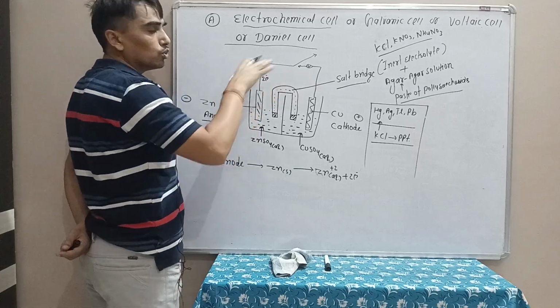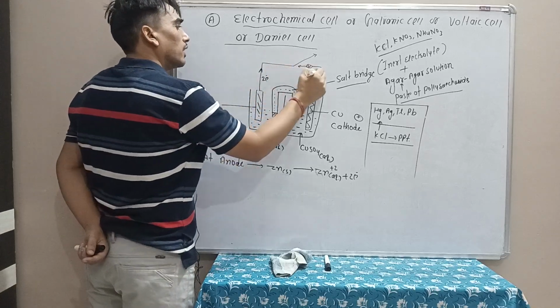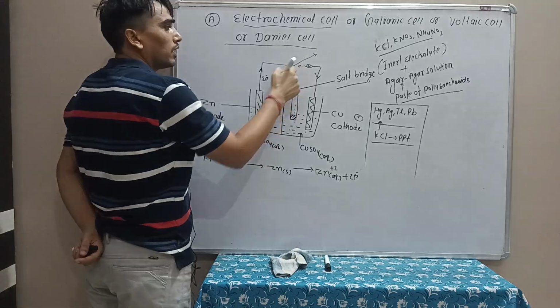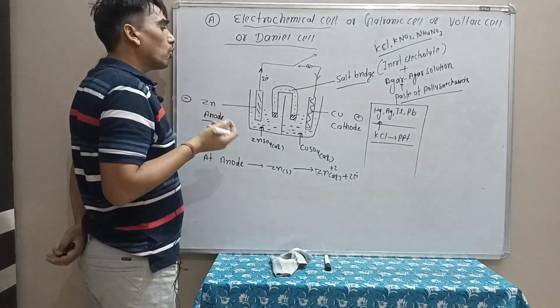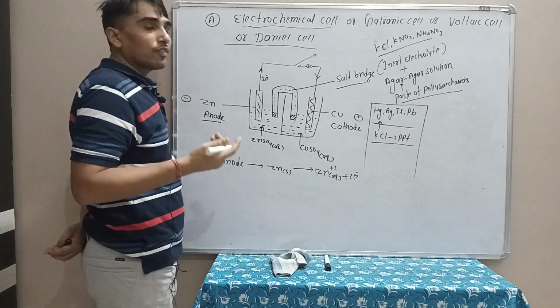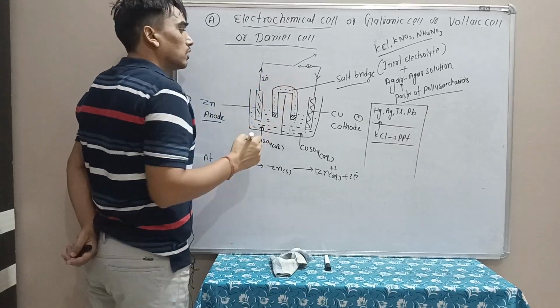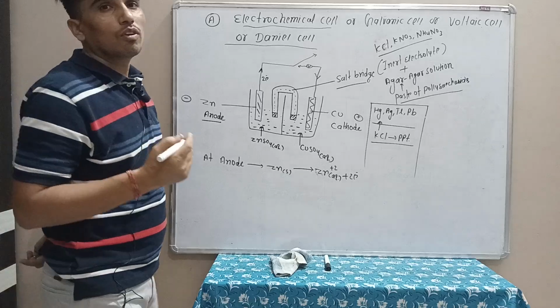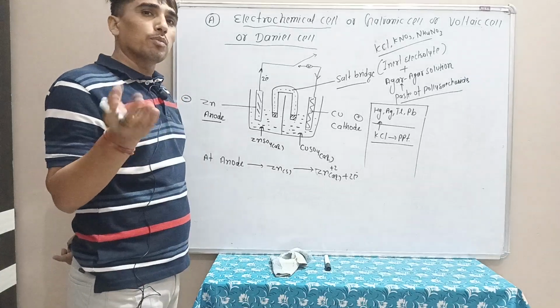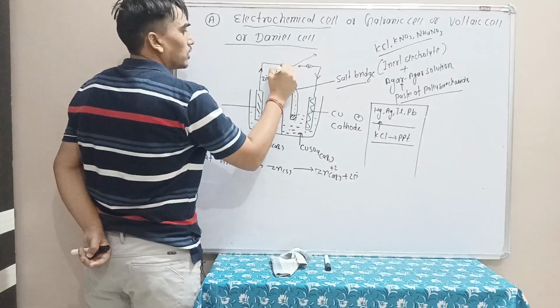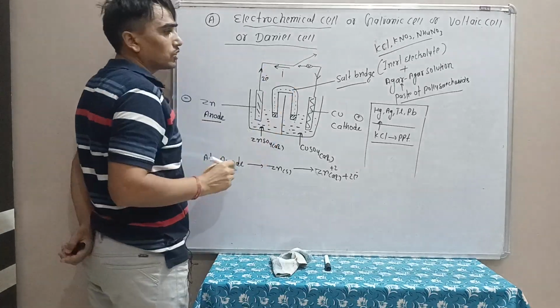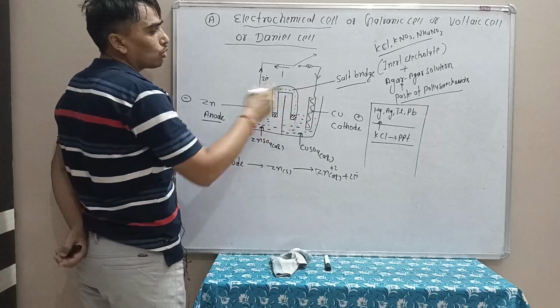These electrons move towards the cathode, and we obtain a potential difference in this voltmeter. Current flows in the opposite direction of electrons, so the direction of current will be from the copper cathode to the anode.